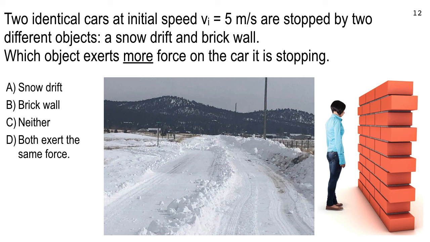I forgot to put all of the above, including none of the above. So go ahead and vote for that. 15 seconds. 10, 9, 8, 7, 6, 5, 4, 3, 2, 1, 0.